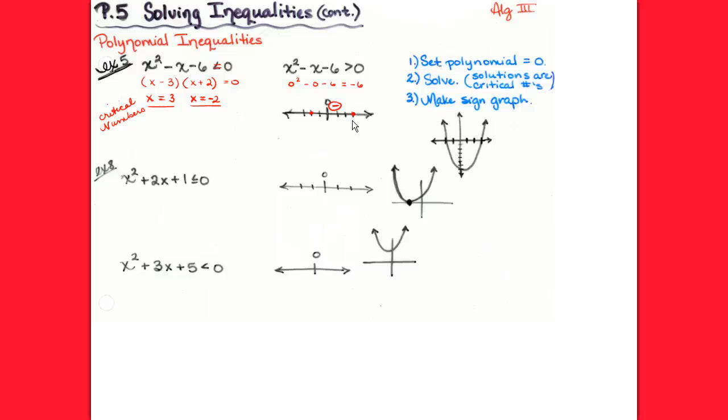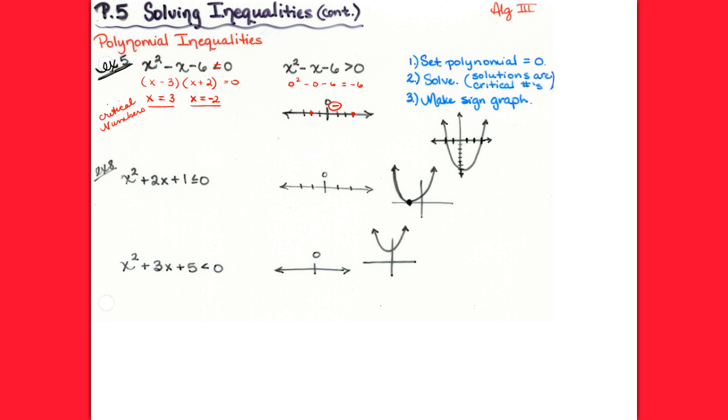All right, so then I could do the same thing over here for the interval from +3 to infinity. So maybe I want to choose like +4 and plug that in. So if I choose +4 and plug that in, that'd be like 16 minus 4 minus 6. I don't even care what the number is, just that it's positive.